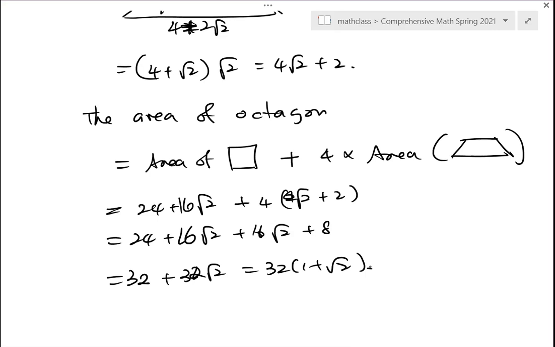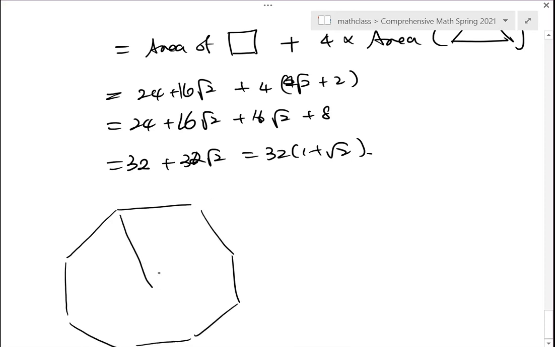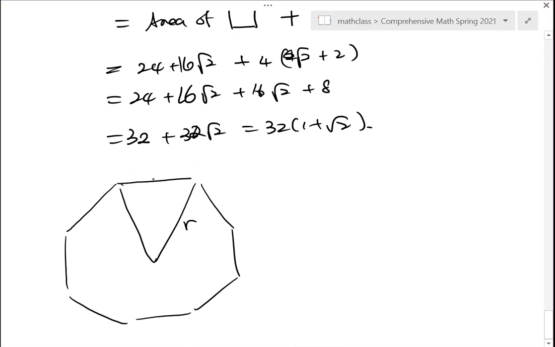Now the last question is: what is the size of this? This is an isosceles triangle, right? This is R, here's a 4, right? How can I find out?